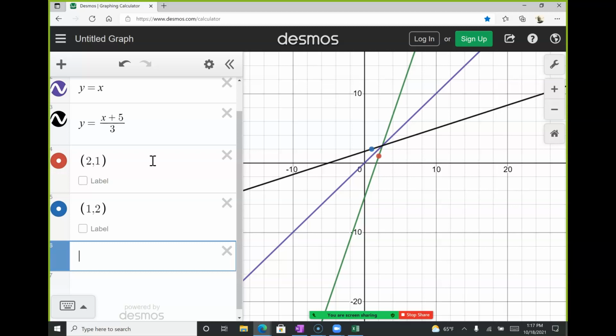So what's interesting is when we switch x and y, right? When we switch x and y, what do we rotate by? What angle?